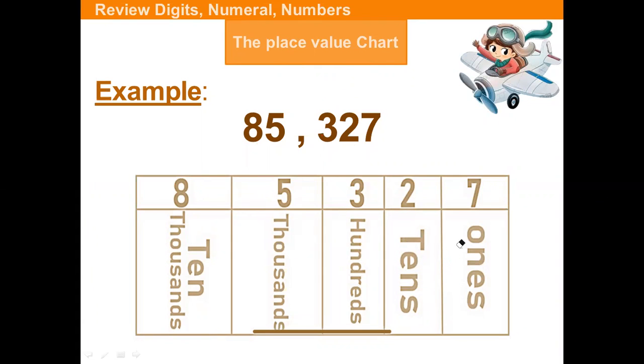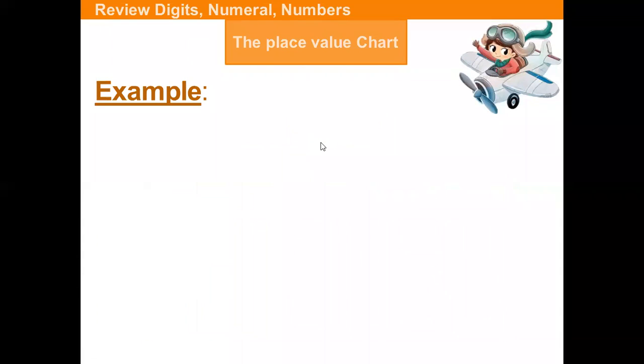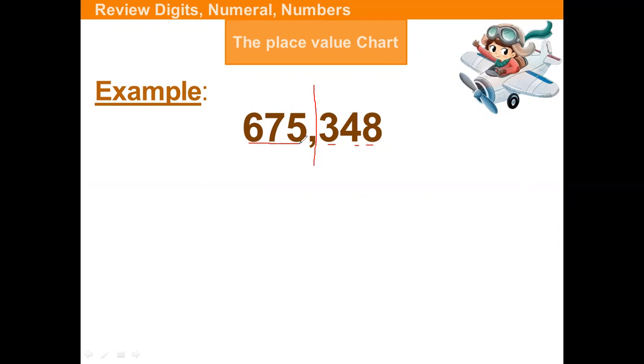Let's take another example. Now, can you help me to read this number first? Yes, I will put a comma after the digit. So first we will read this family. So this is a family of 1,000.